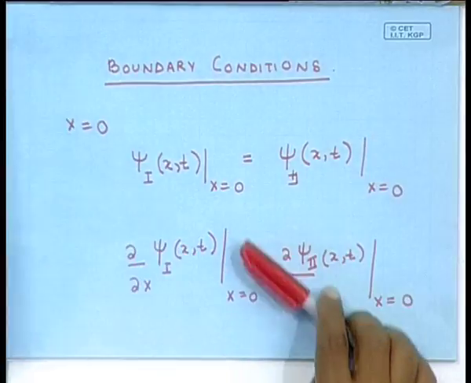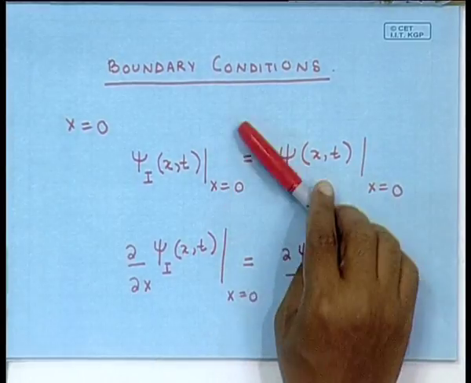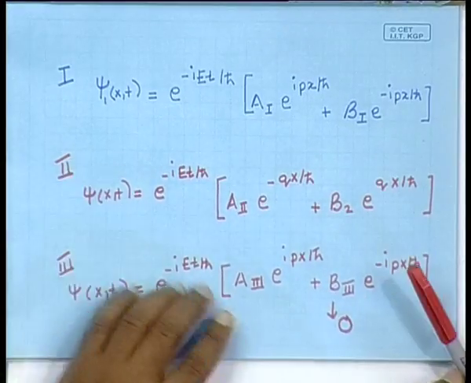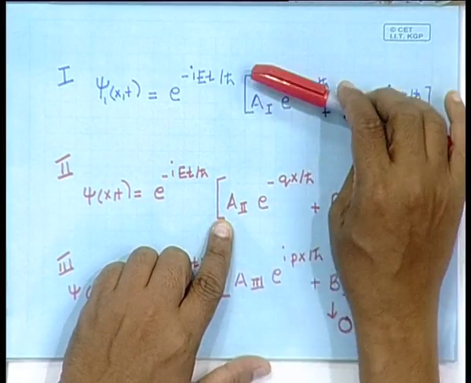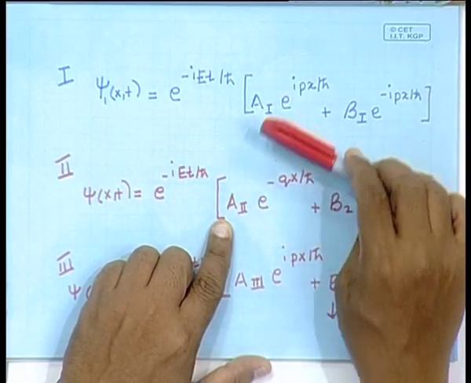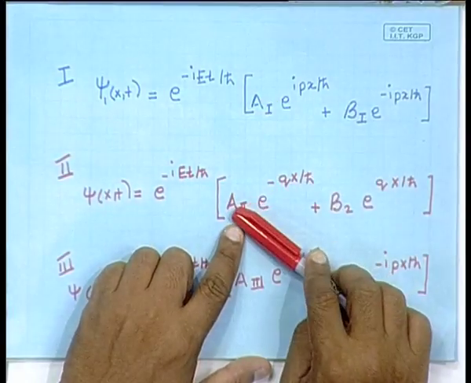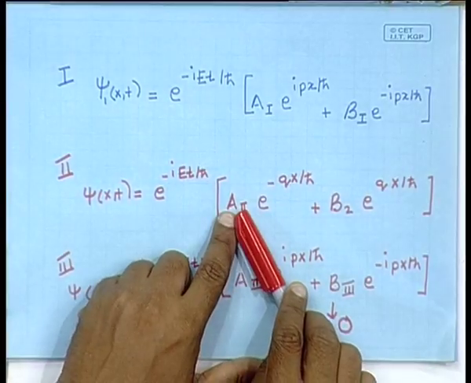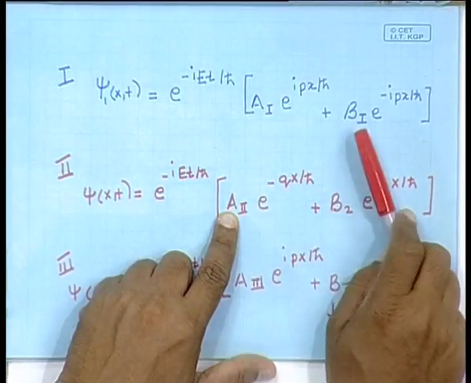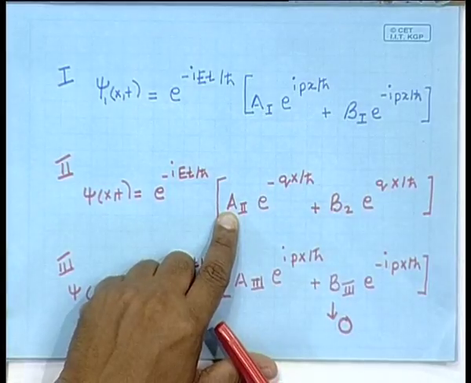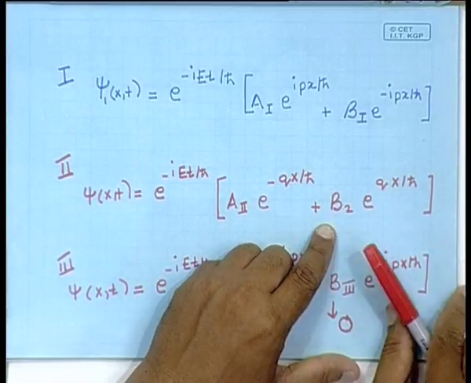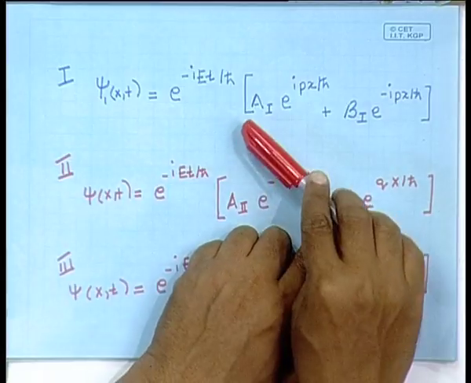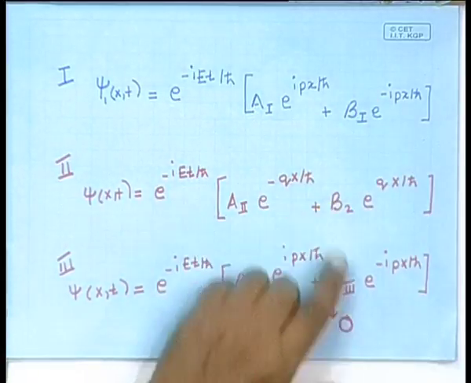If I look at the interface between this region and this region, these two different boundary conditions will allow me in principle to eliminate A2 and write it in terms of A1, B1. It will also allow me to eliminate B2 because there are two boundary conditions. So, I can eliminate A2 and B2 and write them in terms of A1 and B1.